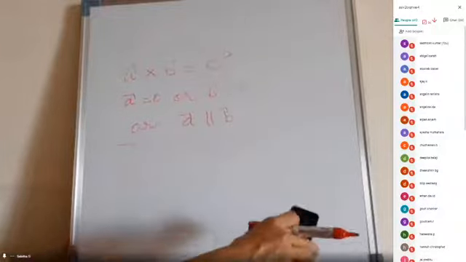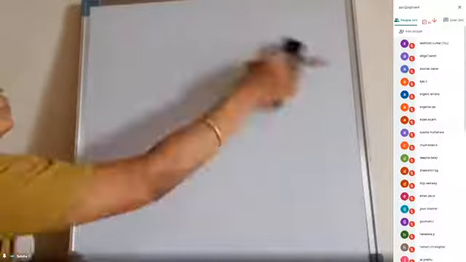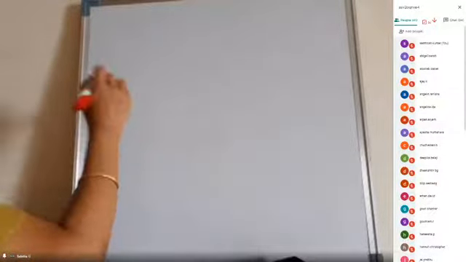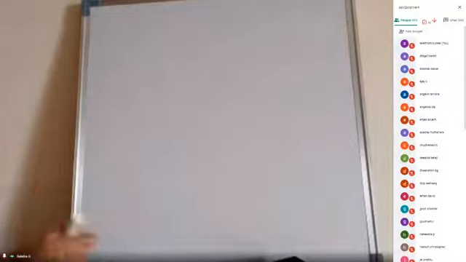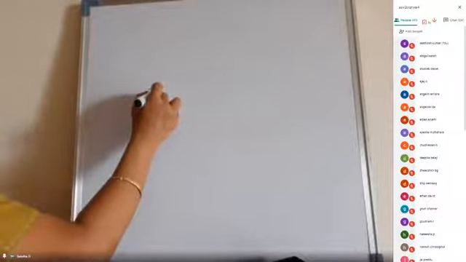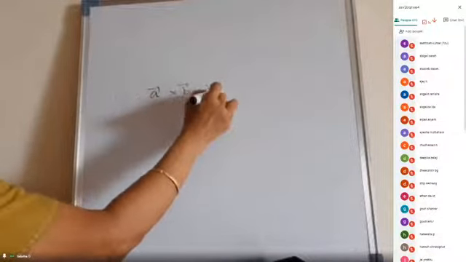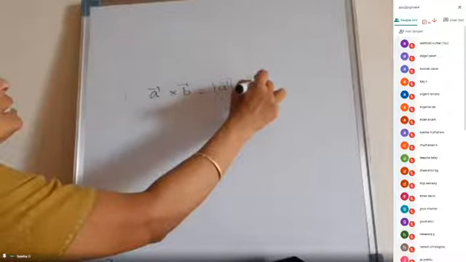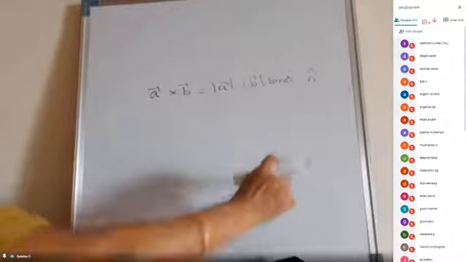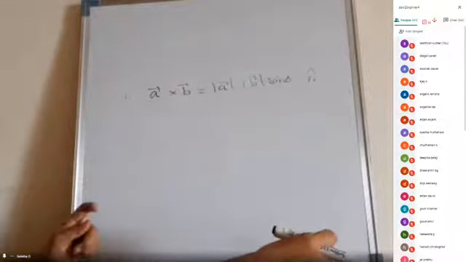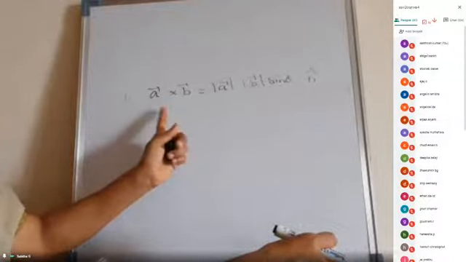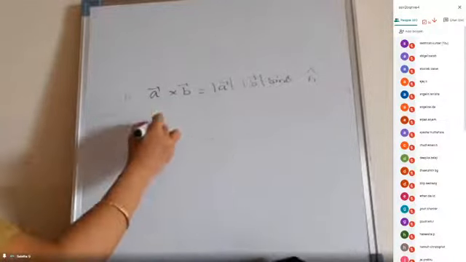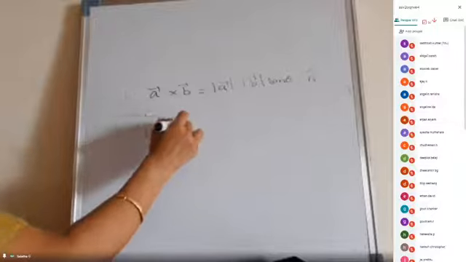Okay. Now, the ideas I taught you. Number one, the first idea: A cross B equals modulus A modulus B sin theta n cap. This n cap is perpendicular to both A vector and B vector. If I take modulus A cross B, what happened?